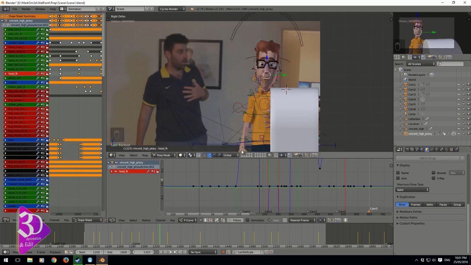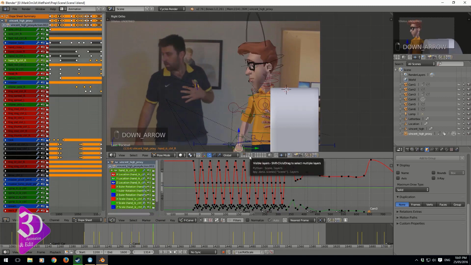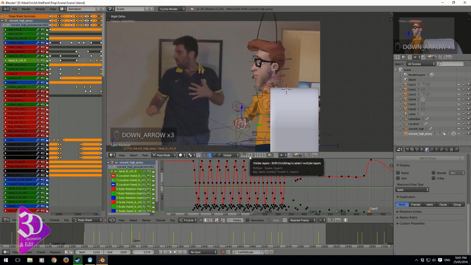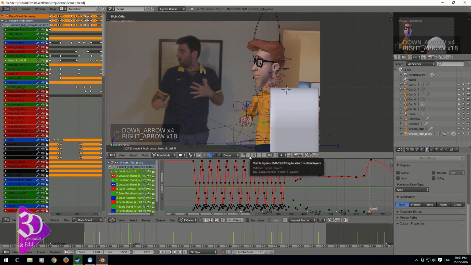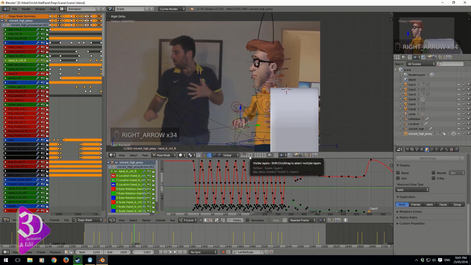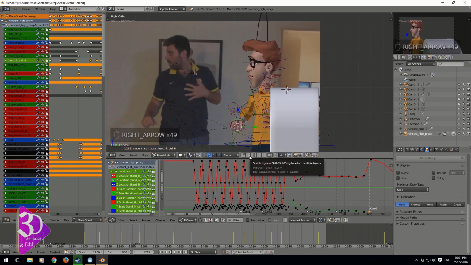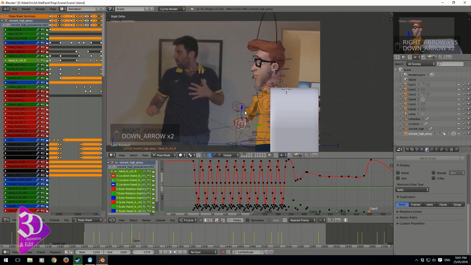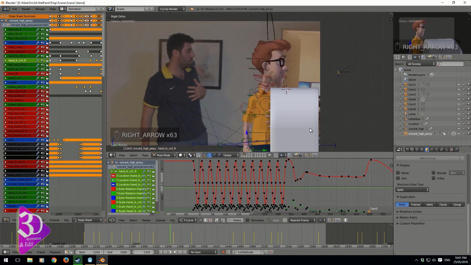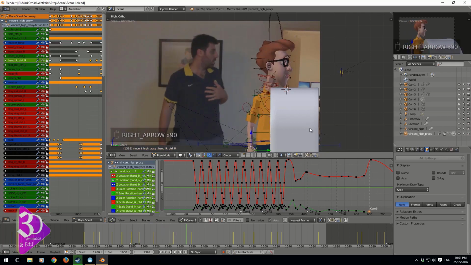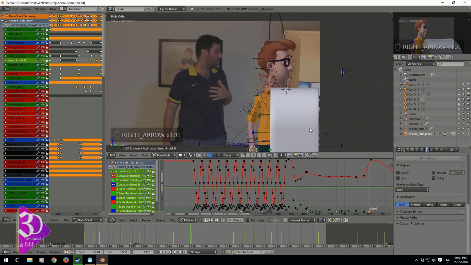Okay, that hand there seems to have dropped rather quickly. That's why. It seems to have a slight pause. So I'm going to raise that up, give it a bit of a rotation, just so it's doing a little bit of a movement. Still got the hand on the chest.